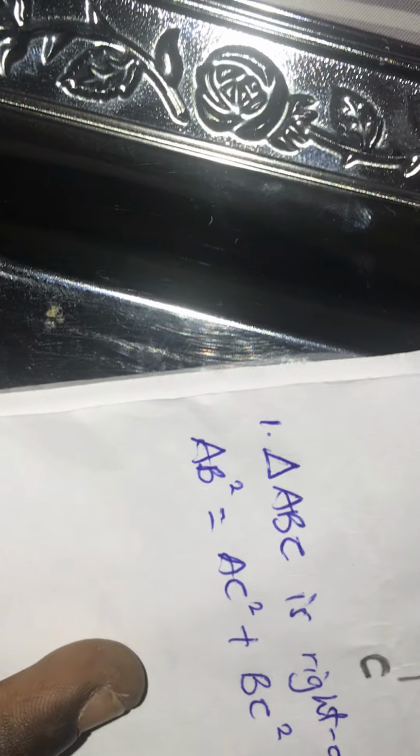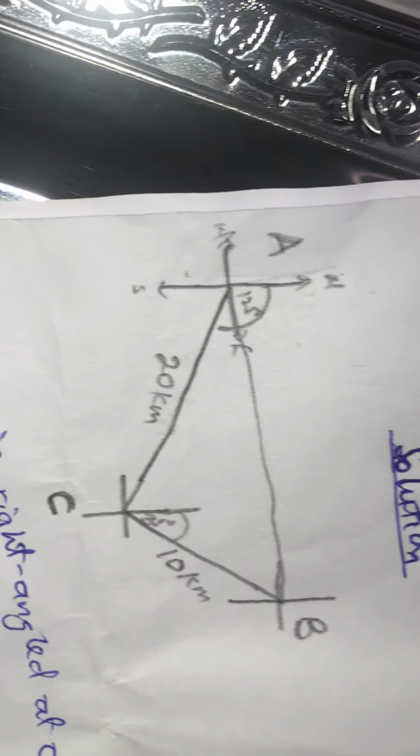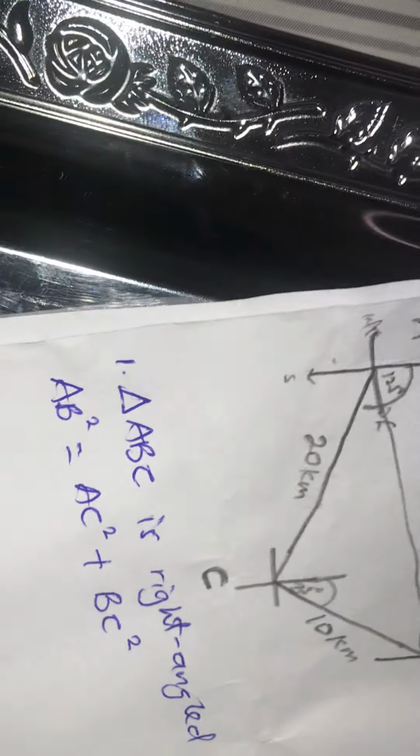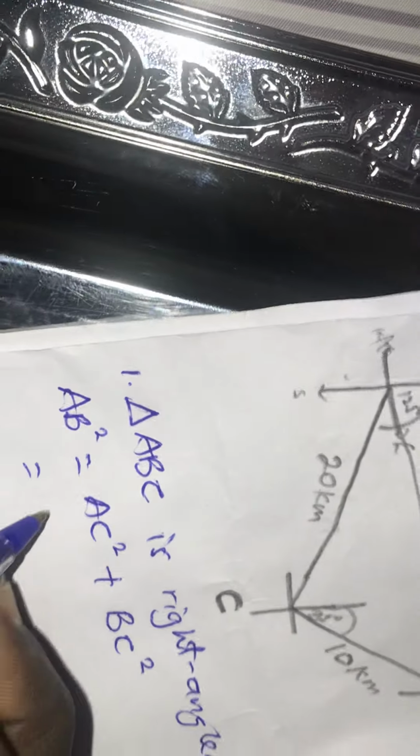Then, what is line AC? Was it given? Yes, we have it here as 20 kilometers. So this side will be 20 squared, plus, do we have line BC? Good, we have it as 10 kilometers, so 10 squared.